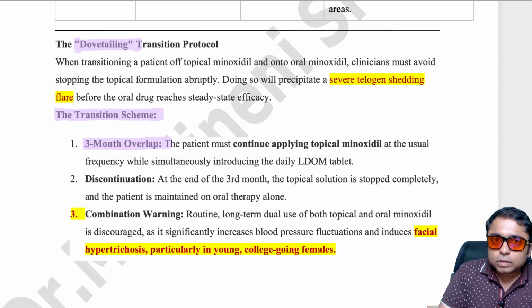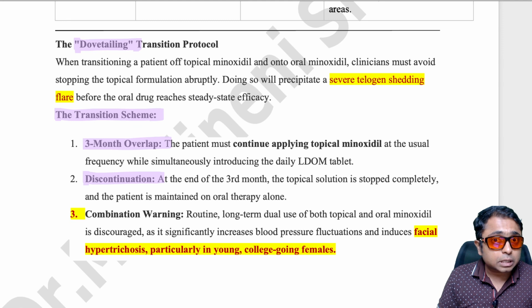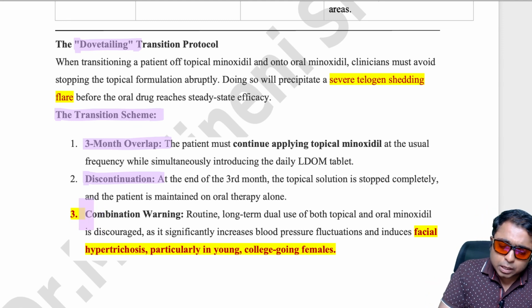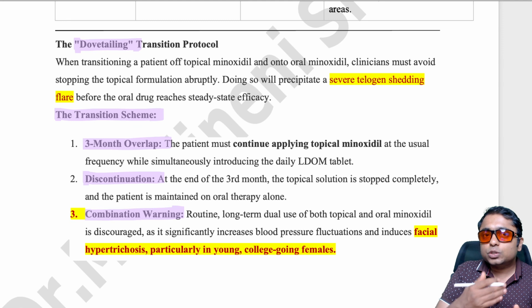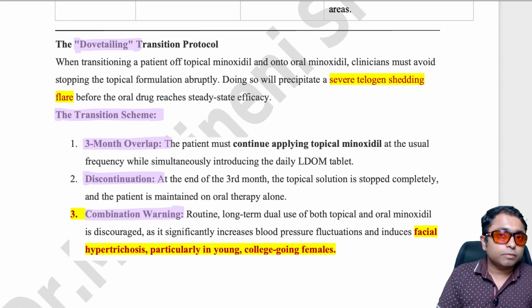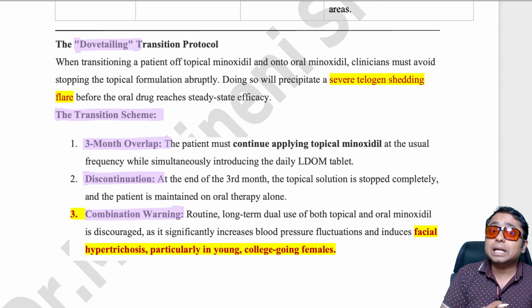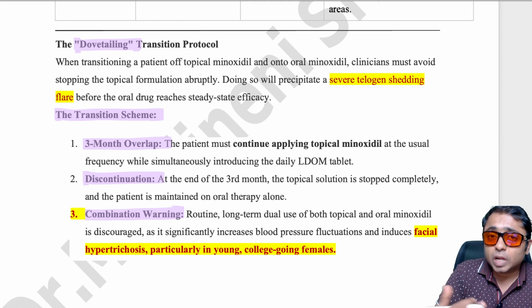Then at the end of the 3rd month, we are going to ask the patient to discontinue the topical minoxidil, and the patient will only be using oral minoxidil. So this is how we can slowly taper, or stop, the topical minoxidil. We should not stop it abruptly, because this could lead to sudden shedding of the telogen hairs.